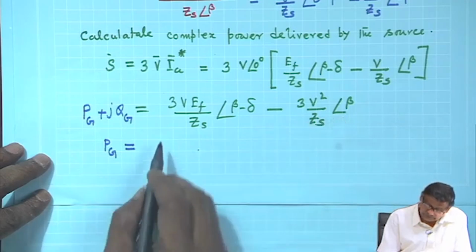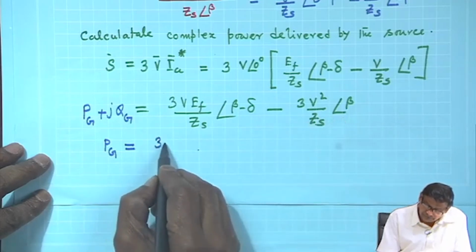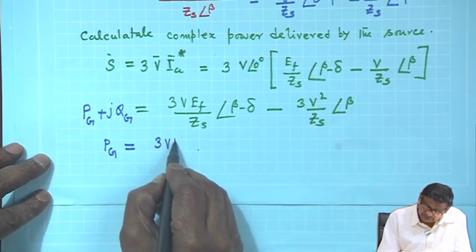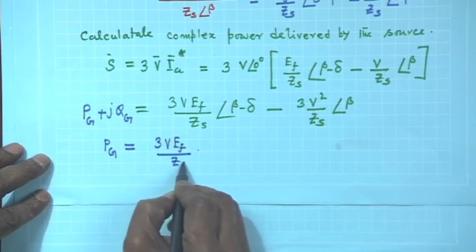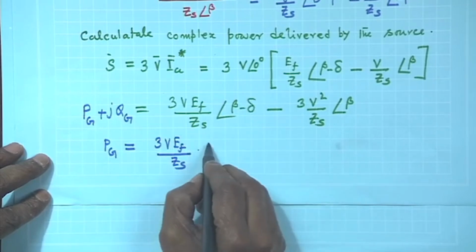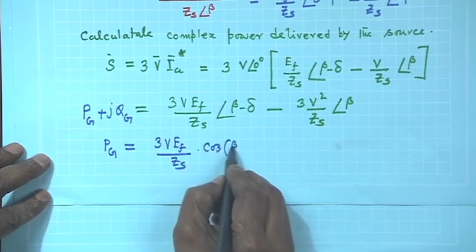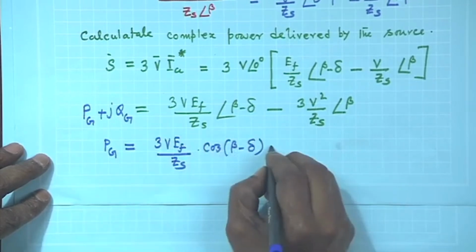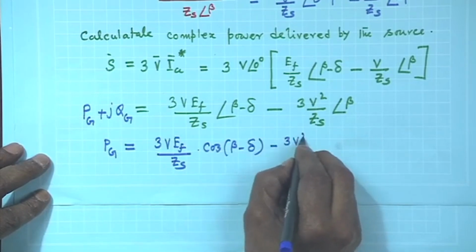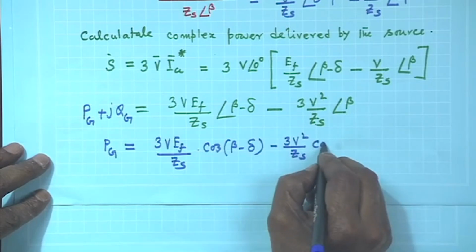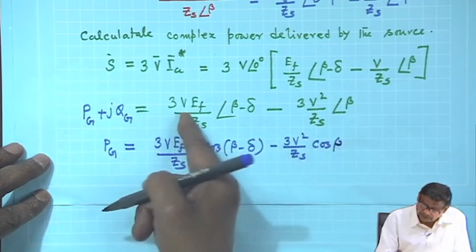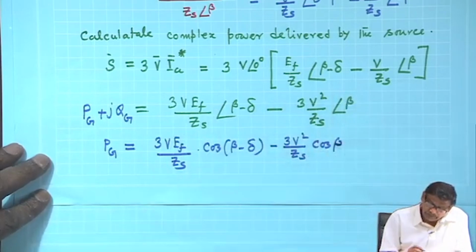So you find that 3 EF V by ZS, the real part of this is cosine beta minus delta, very simple. Similarly, minus 3 V square by ZS, this is also cosine beta. So, real part of this and real part of this.